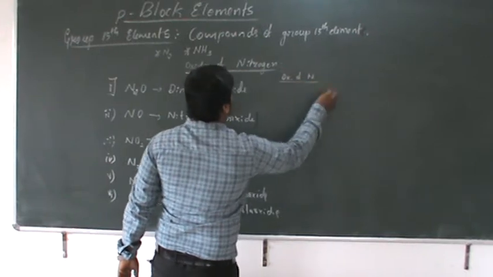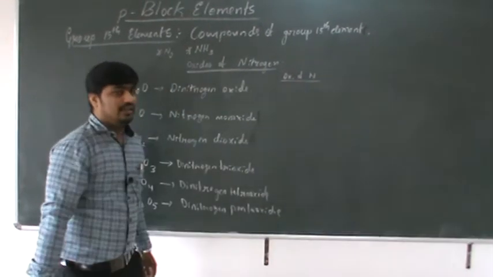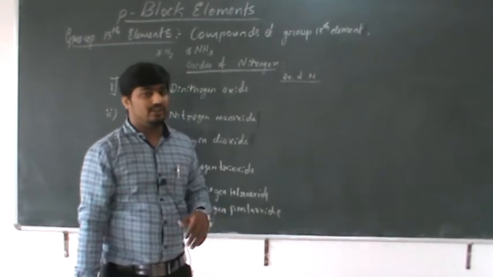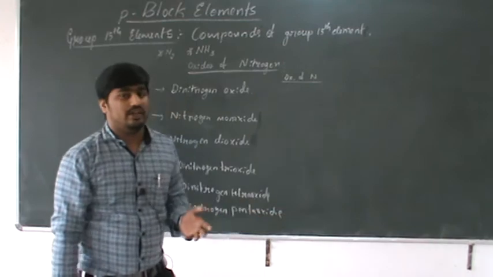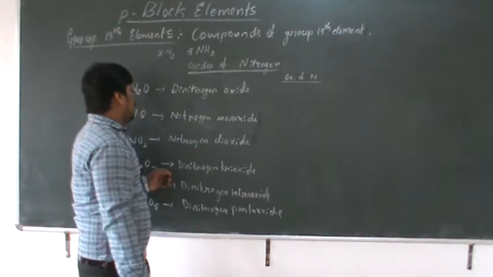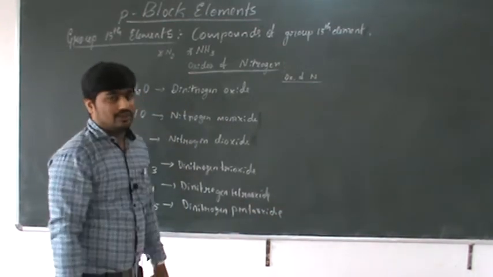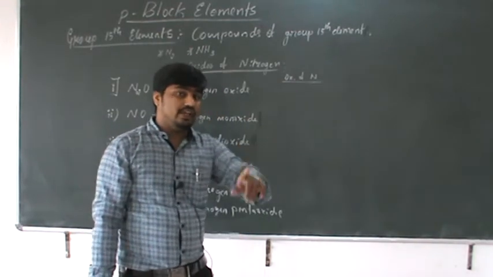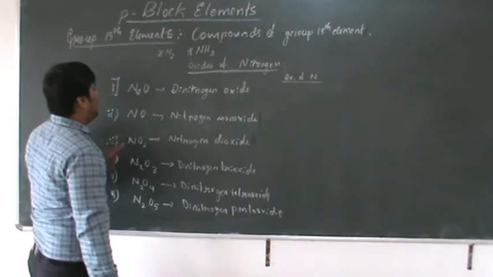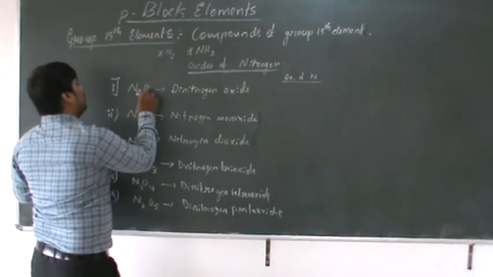How to calculate the oxidation state? That part we have already discussed in the first year topic under redox reactions. We know the common oxidation state of oxygen in its oxides is -2. Here it is -2.